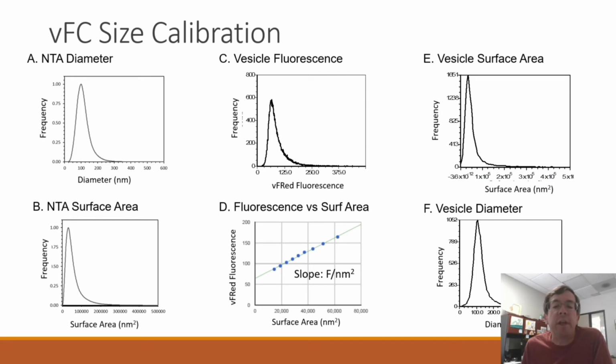So we use this linear regression then to calculate the surface area of vesicles based on its fluorescence measurement, and then use geometry to calculate the diameter distribution. And so it's through this relationship between surface area and vesicle fluorescence that we derive our vesicle size estimate.